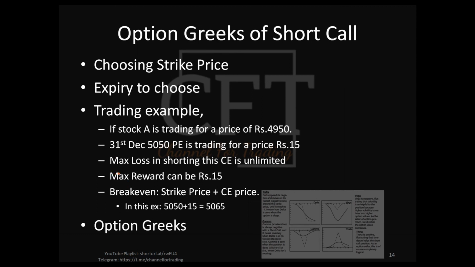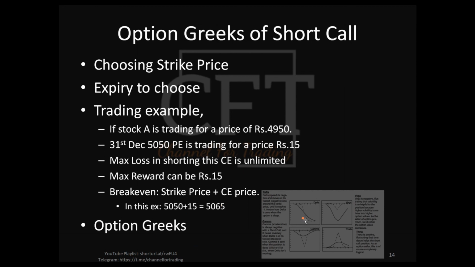And the maximum reward can be rupees 15, which is the premium we are getting. The break even is strike price plus the call option price, that is the premium we are getting. So the strike price chosen here is 50/50 plus 15, which is 50/65. Until that point, if the stock price moves up to this level on the day of expiry, we are not going to make any loss or gain.